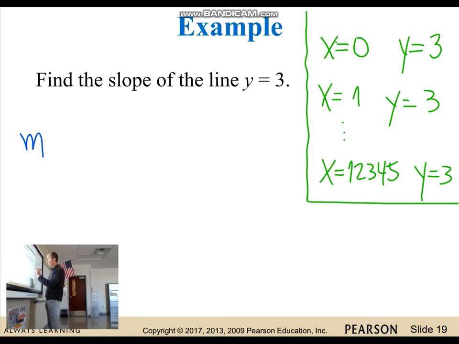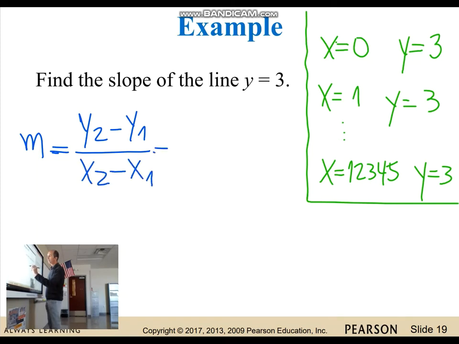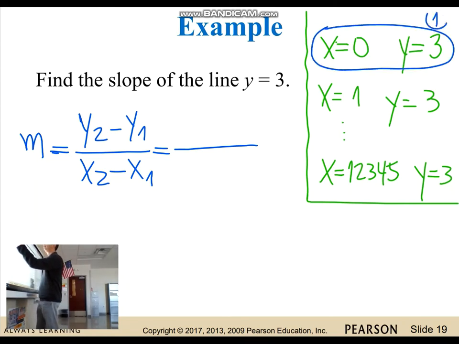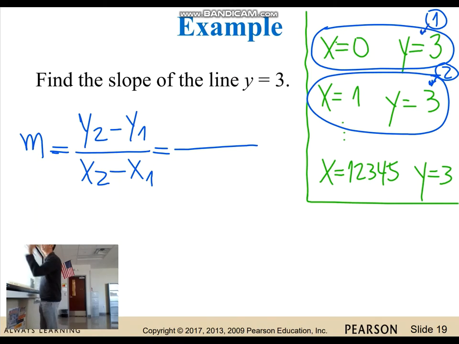Just as an exercise, let's apply this to the formula: y2 minus y1 over x2 minus x1, and check what happens. Let's say point 2 is this, and point 1 is this. x2 is going to be 1, x1 is 0, and y2 is 3, y1 is 3.